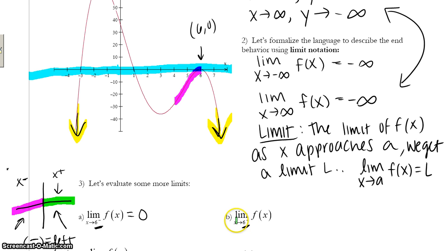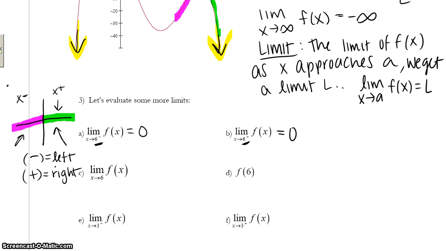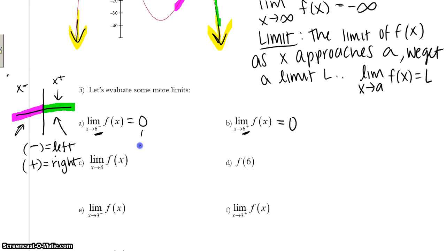Now, as x approaches 6 from the right side, f of x approaches 0 again. So when the left-hand limit and the right-hand limit are the same, the limit as x approaches 6 of f of x then approaches 0, that number that the right hand and the left hand approached.